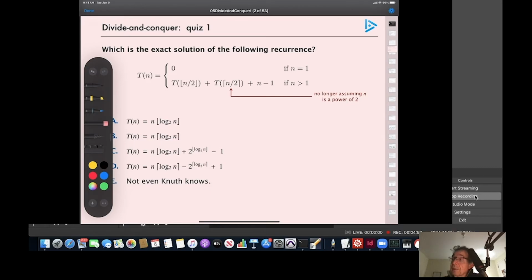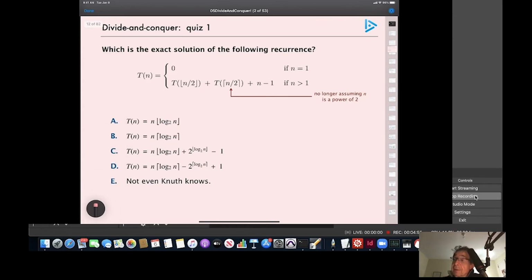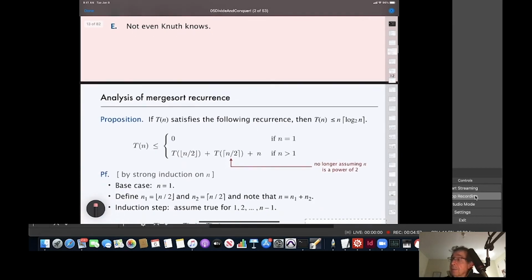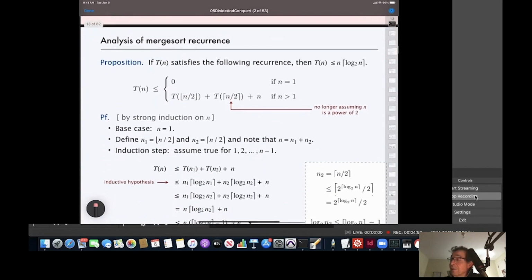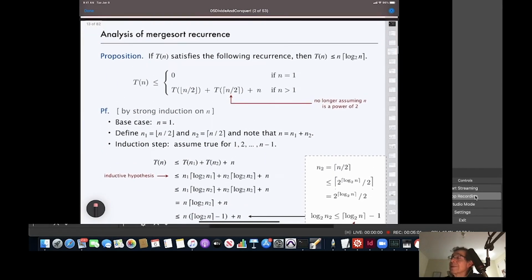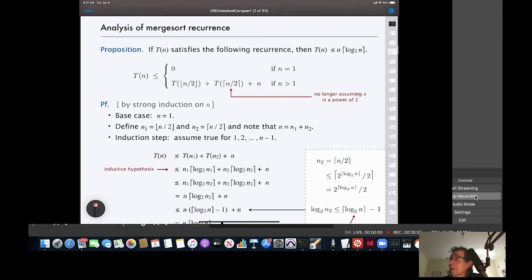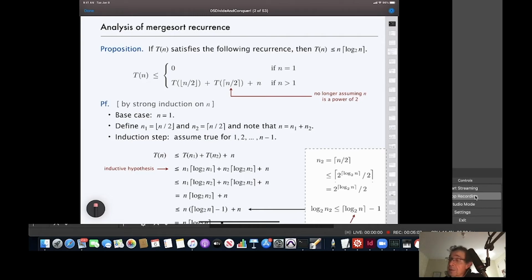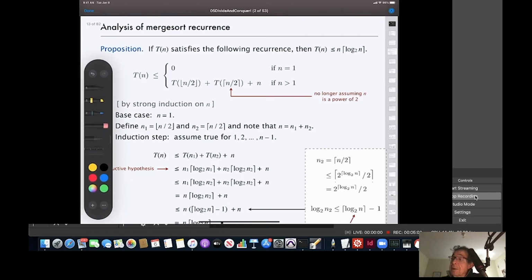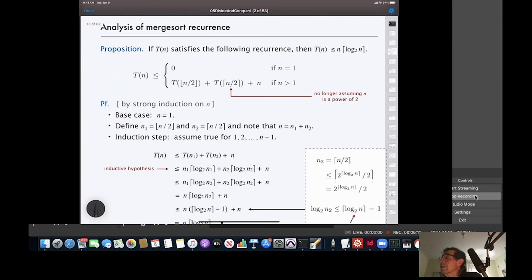Well, Donald Knuth was the father of the analysis of algorithms, and he probably was the originator of all these proofs and observations. It turns out that if you search in the literature, you will see that the right answer would be this one. There's no such exact solution.